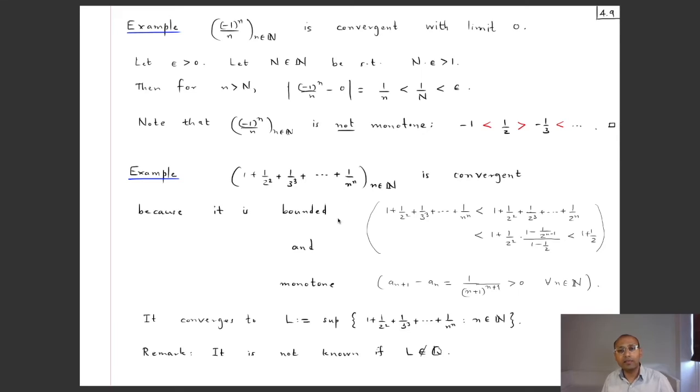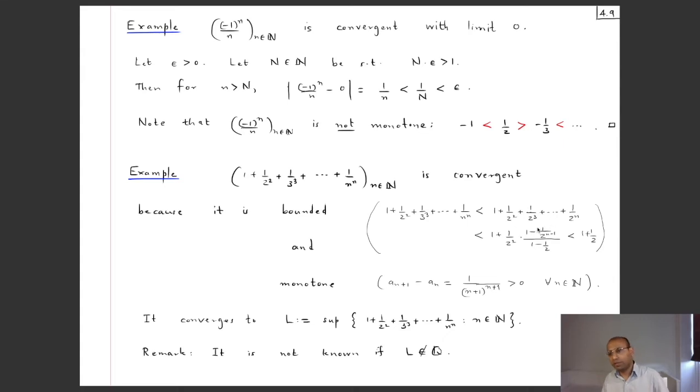In the last lecture, while discussing boundedness of sequences, we had checked that this sequence is in fact bounded, and the way we did this was, we overestimated this by making use of the sum of a geometric series. We noticed that 1 by 3 cube is less than 1 by 2 cube, and so on up till 1 by n to the power n is less than 1 by 2 to the power n, and then we noticed that these terms are in geometric progression with the common ratio half, and we know something about the sums of geometric progressions.